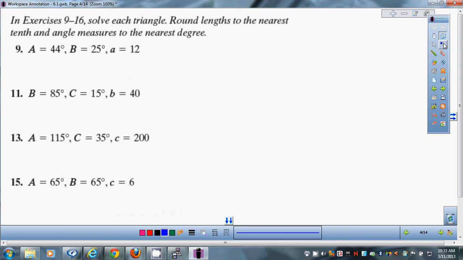That's right. Both of those are true. It is going to be isosceles, but you can also just get C by subtraction, which would be what? 50. That's right. So, now notice, solve each triangle. That means tell everything that you don't know, the missing angle and both the missing sides.